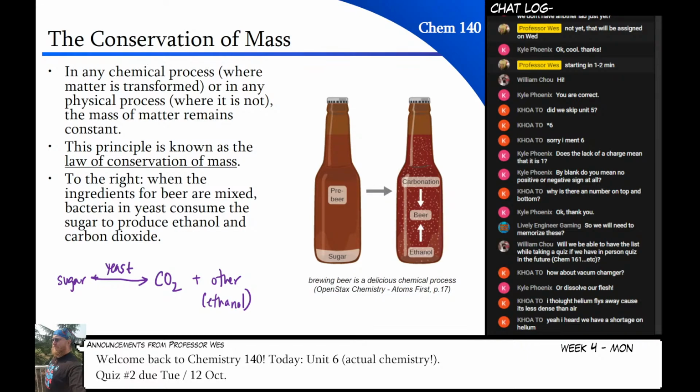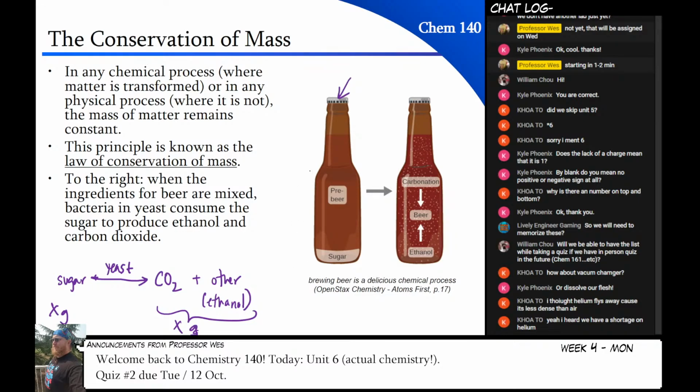More appropriately, the enzymes within the sugar catalyze this reaction or facilitate it. And you end up with other stuff at the end. But if I were to put some number of grams of sugar in here, I should get X number of grams of stuff out. Now, that makes sense because I've got the bottle sealed, right?